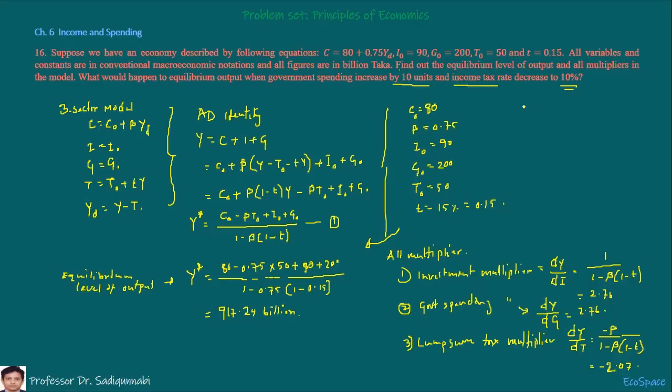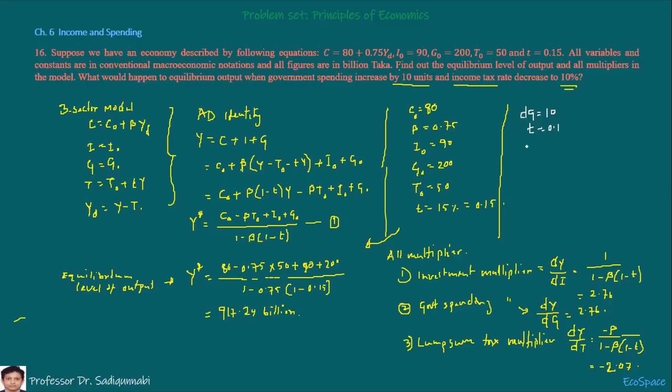So let's see what happens to this. When government spending increases by 10 units, dg equals 10, and t equals 0.1. Now 10% means 0.1.